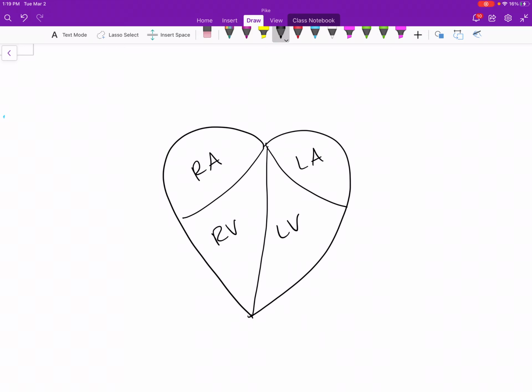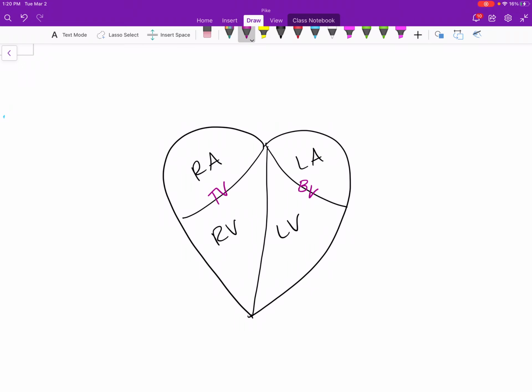And so let us also do our valves. So this is my tricuspid valve, bicuspid valve, okay? And then let you catch up for just a second. I feel like I'm going a little fast. And then let's add on our vessels.